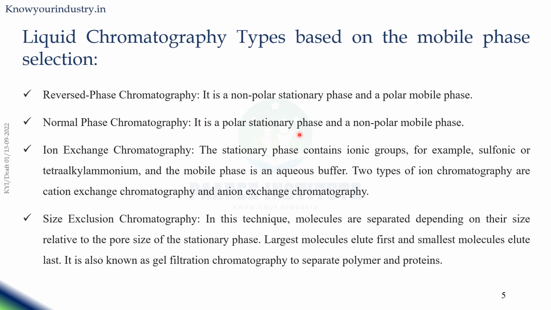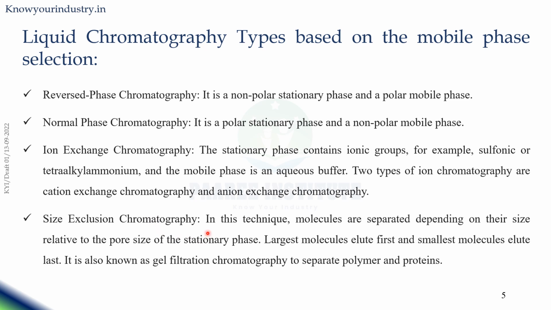So the polar stationary phase will have certain compounds in the column, and non-polar mobile phase generally means organic solvents like hexane, chloroform, etc. So reverse phase is nothing but a non-polar stationary phase and a polar mobile phase. This is the most widely used chromatography technique based on the polarity of the mobile phase.